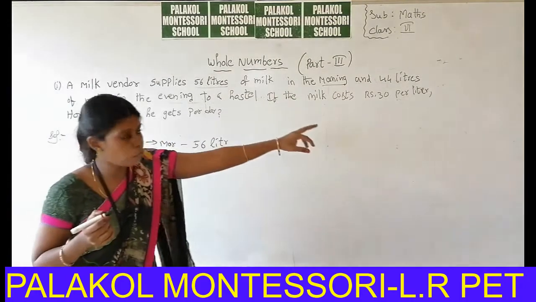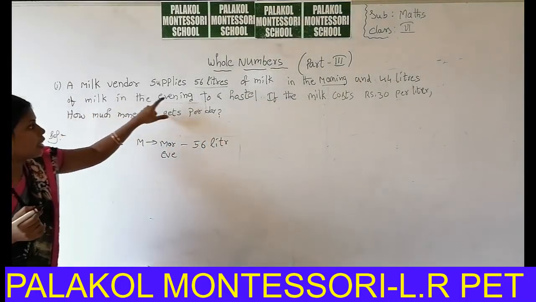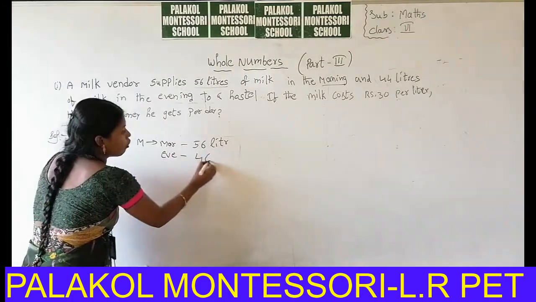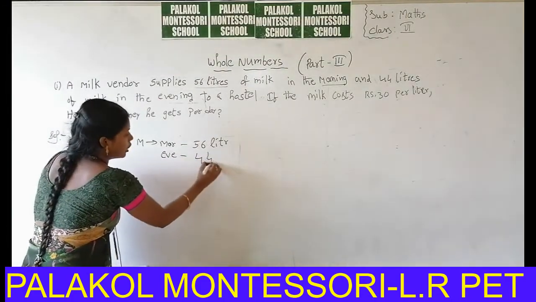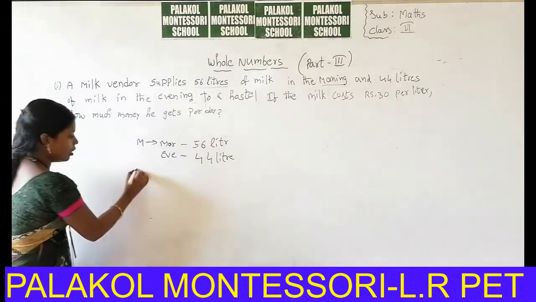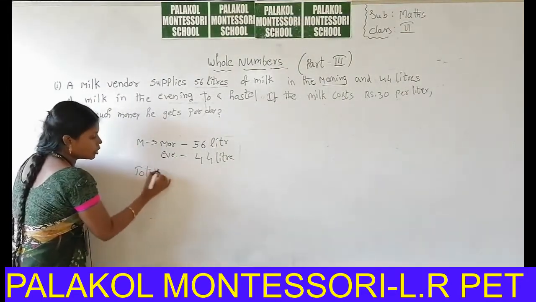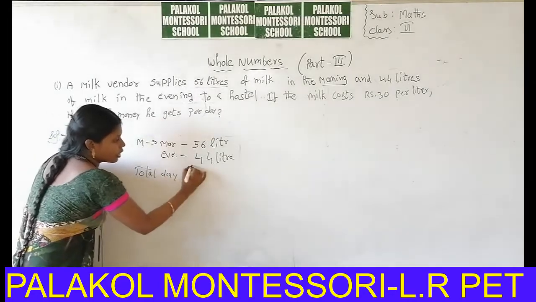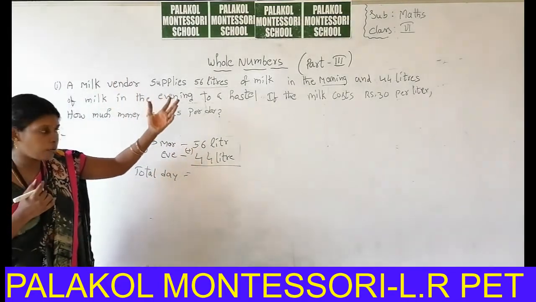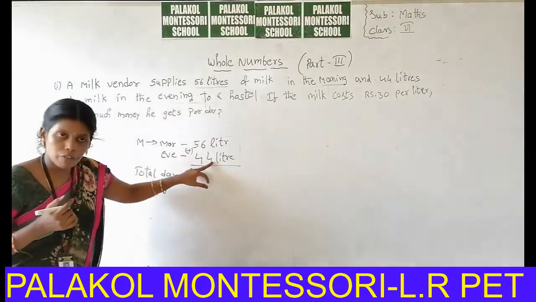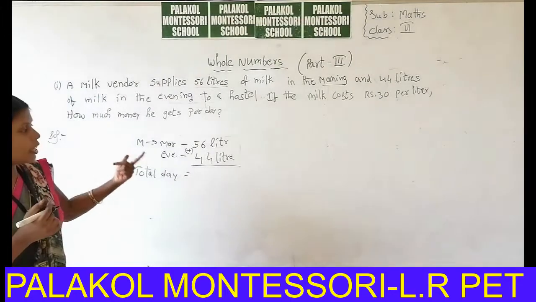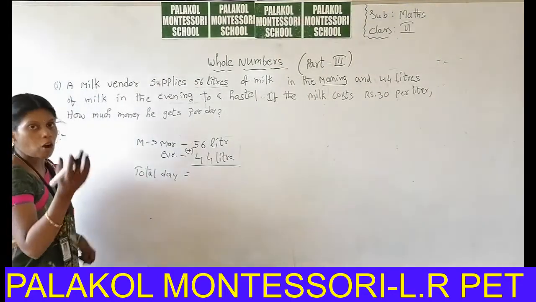And 44 liters of milk in the evening. In the total day, how much milk does he supply? Total day, that means we can add these two. Morning 56 liters and evening 44 liters.